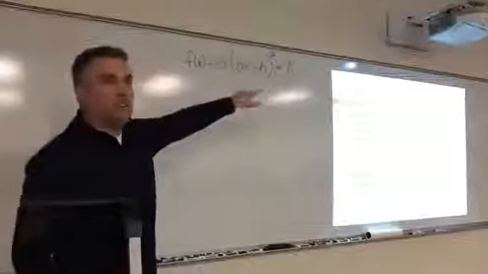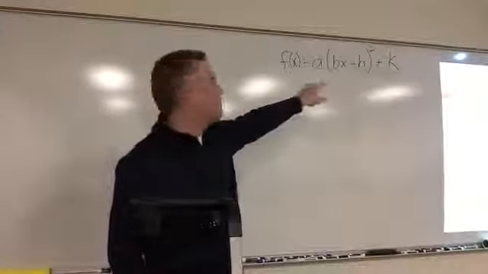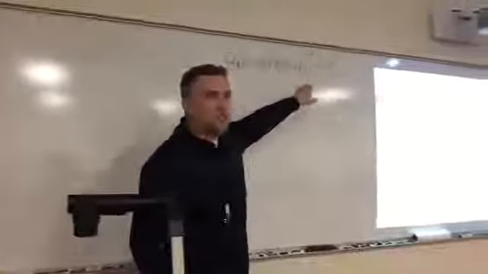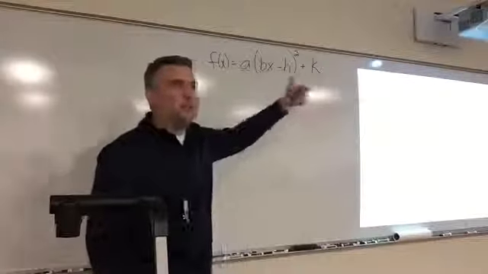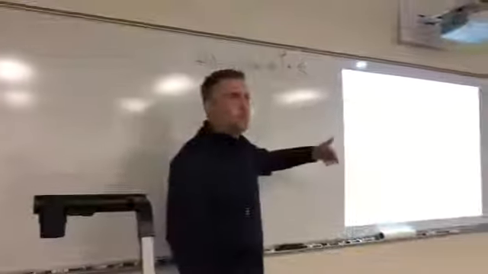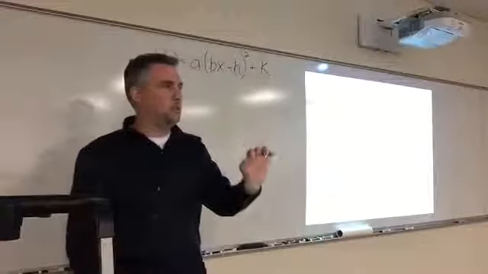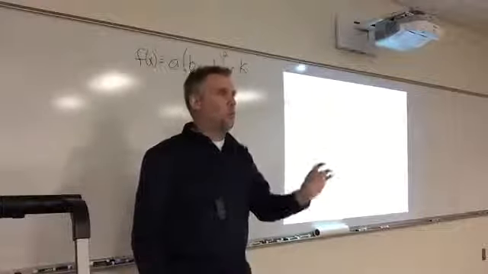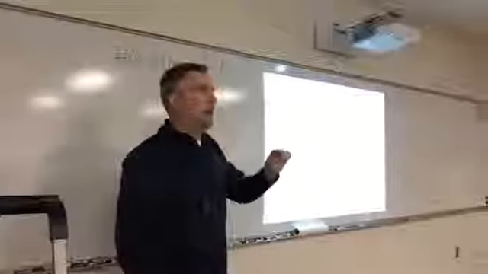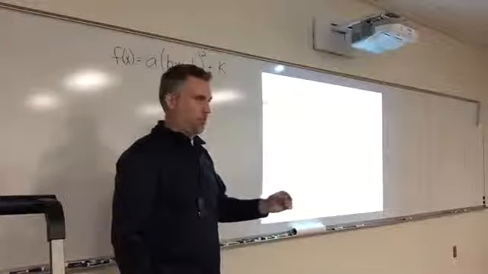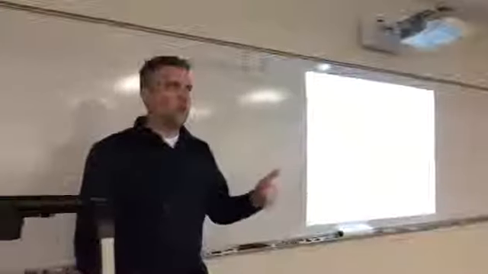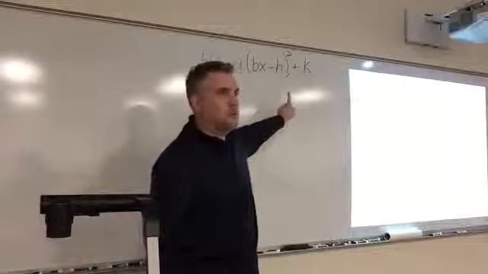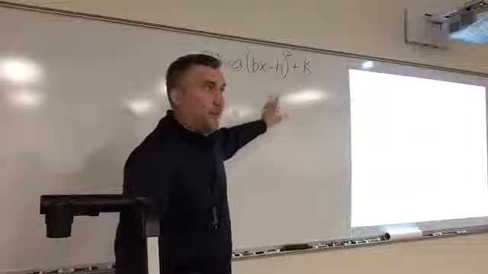So I put a parent function up on the top here, and I put in letters a, b, h, and k. Those are variables. Those could be any numbers, right? Can you guys see which ones are manipulating x before the parent function and which ones are manipulating after the parent function? First of all, who's my parent? x squared.